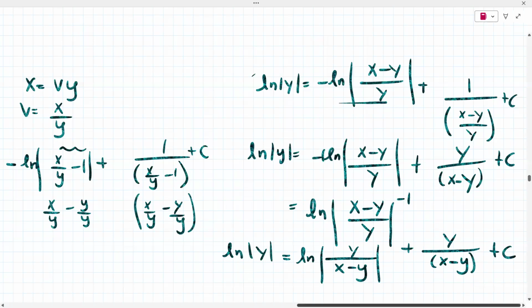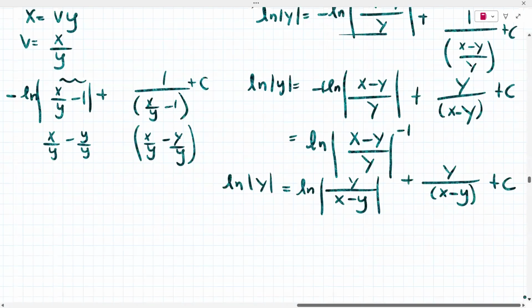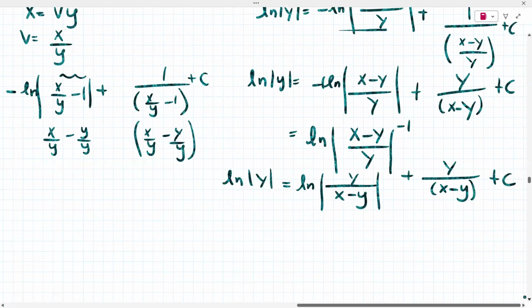And what else can I do? I could simplify this more.